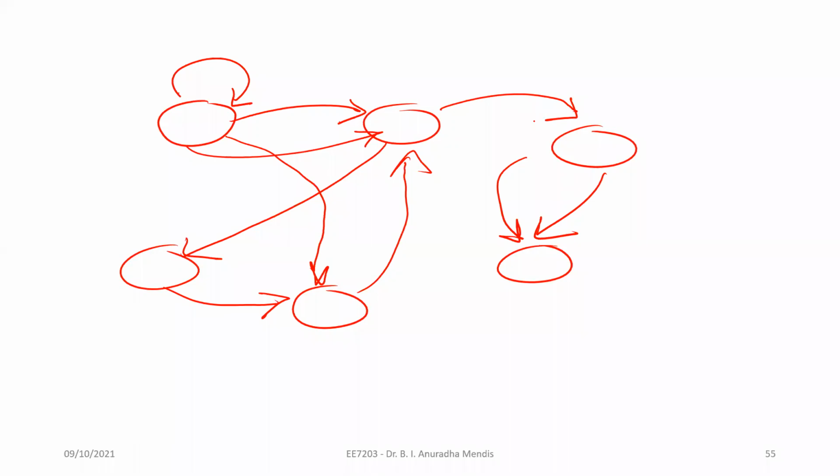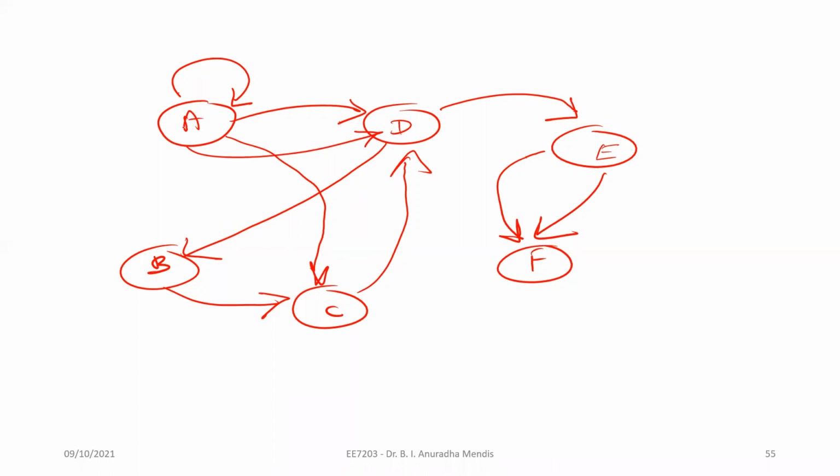Look at this: states A, B, C, D, E, F. Now if you think about these 4 states A, B, C, D, if you are at any state, you can go to any other state easily. For example, if you are at C and you want to go to B, there is no direct path, but you can go to D and then B.